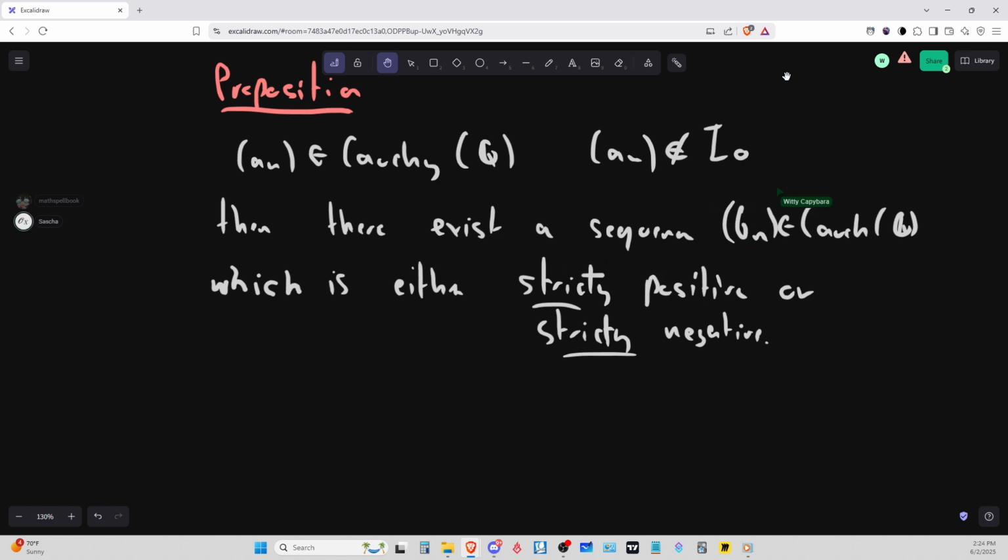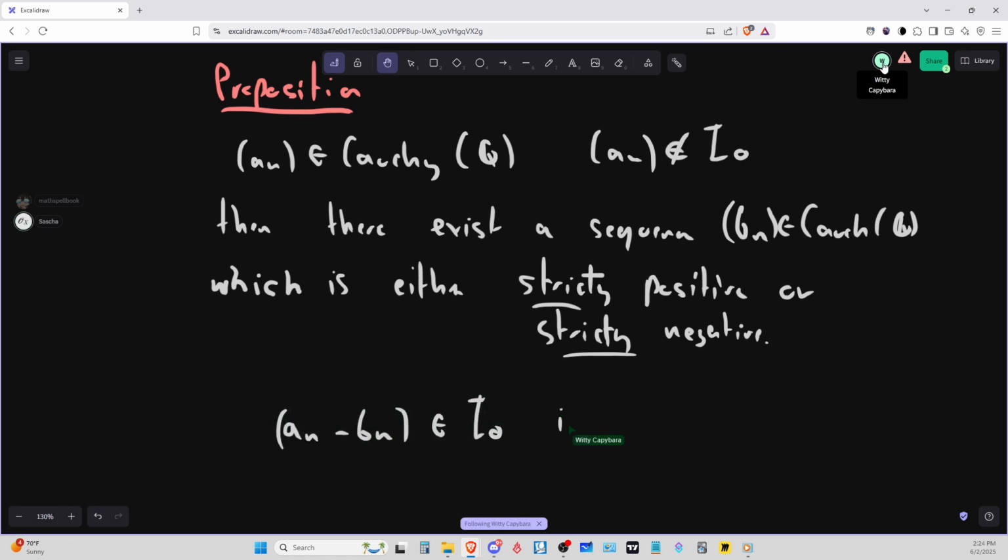Then I just say I want some BN which has that. But what relates it to our initial sequence? What will relate to the initial sequence is that AN minus BN will be an element of I0. In other words, the sequence AN minus BN will be converging to 0.